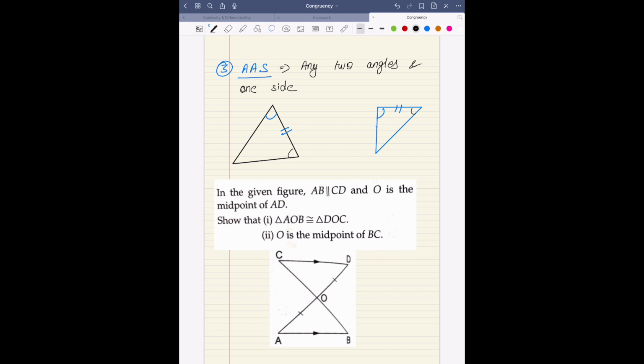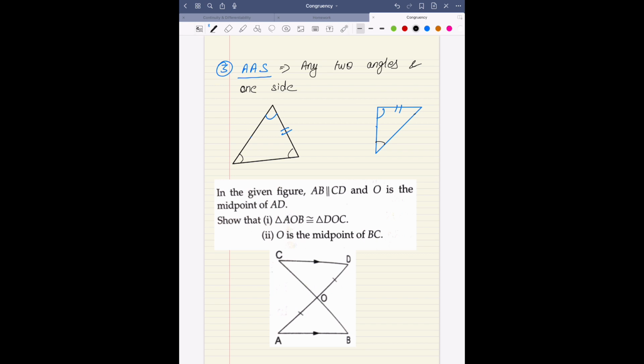So I can take this angle now, this angle, and I am gonna get rid of this particular angle, and I'll say this is equal. So if you see two angles and any side, okay, it can be this side as well, it doesn't matter. And the side doesn't have to be included between these two angles. So that way also two triangles will be congruent.